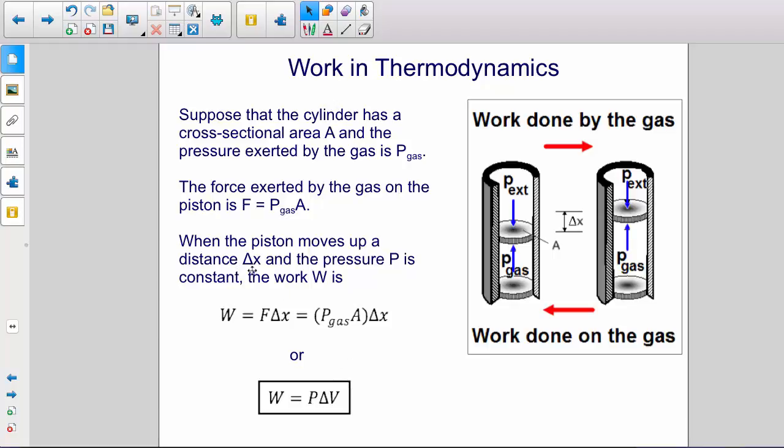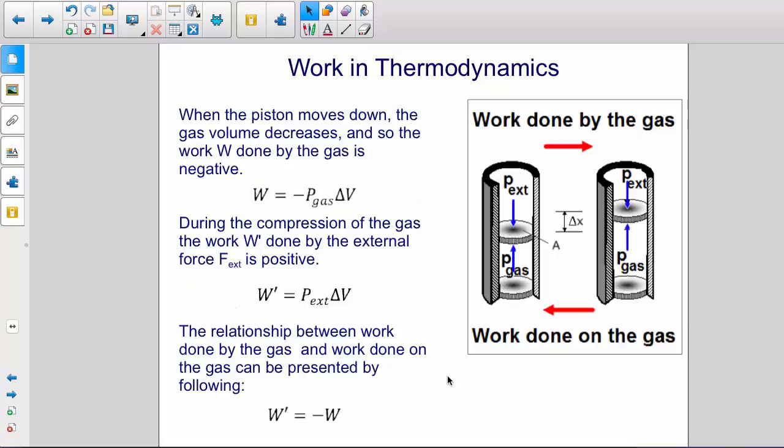When the piston moves up a distance delta x, and the pressure P is constant, the work done is F delta x, or P gas times A times delta x. But remember, A times delta x is just the change in volume, or delta V. Hence we can write work is pressure times the change in volume. W equals P times delta V.